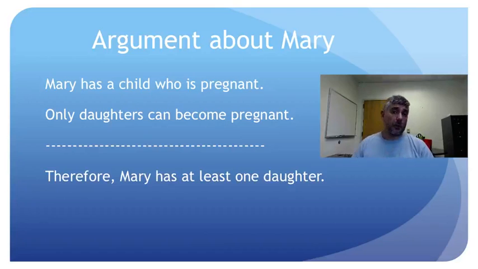What is a category, though, that's mentioned in this argument is Mary's children. And the information in the first premise is that the category of Mary's children includes something that is also in the category of pregnant people or pregnant beings.